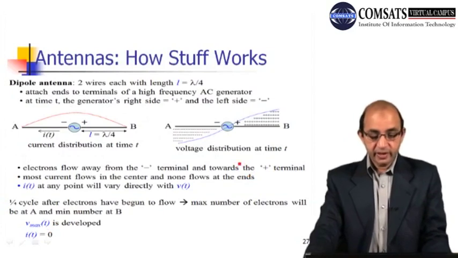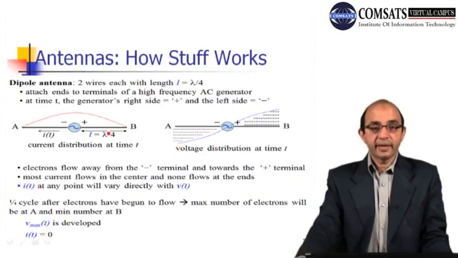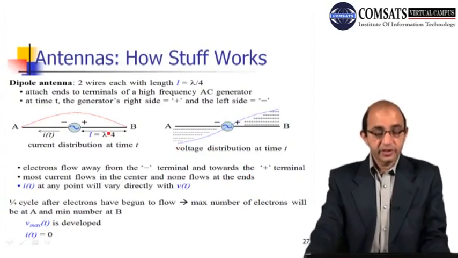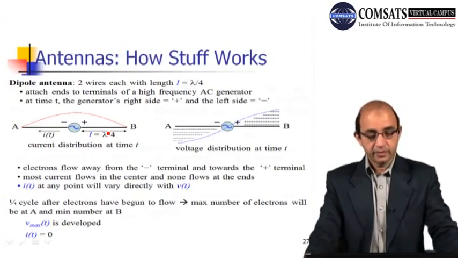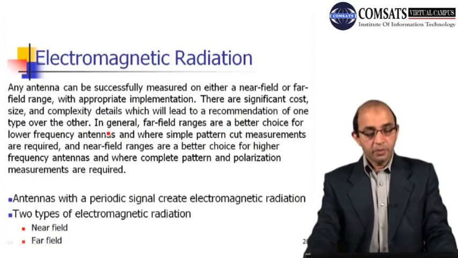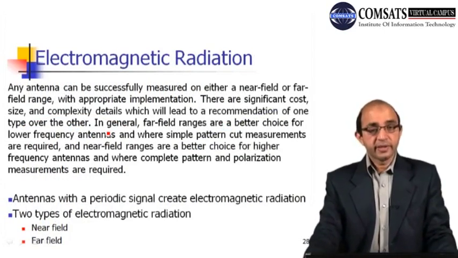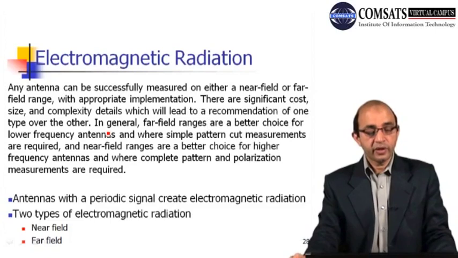So as a result, you can see that we have this scenario where we have the oscillations and the dissipation of energy will take place, and as a result we have the coupling of electric and magnetic field. There are certain measurements involved in order to have a good antenna.